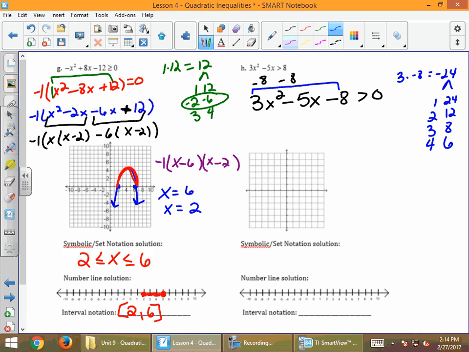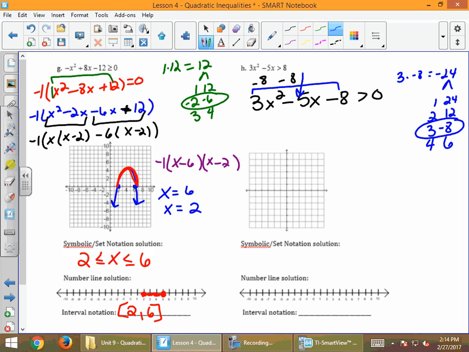Which of those are going to combine to give us our middle number, negative 5? How do they have to combine though? We want a negative 5. Positive 3 and 8.